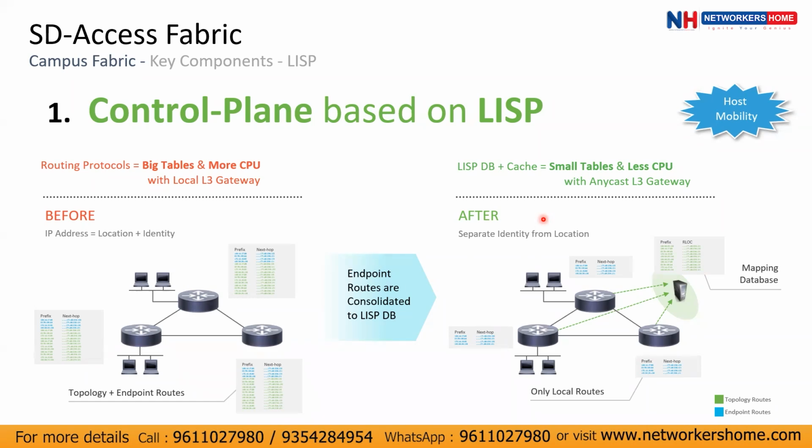With the help of the anycast gateway and the overlay architecture, we can achieve that very seamlessly, whether that user is wired or wireless. Irrespective of user type, we can have seamless connectivity across the fabric.